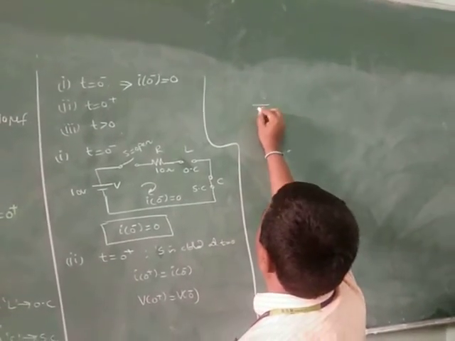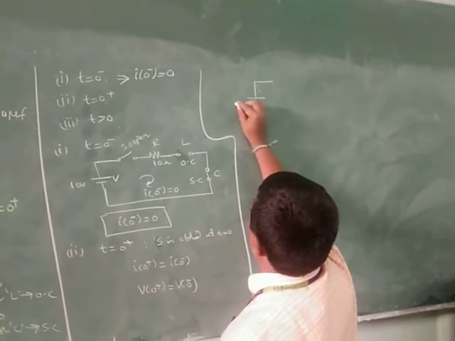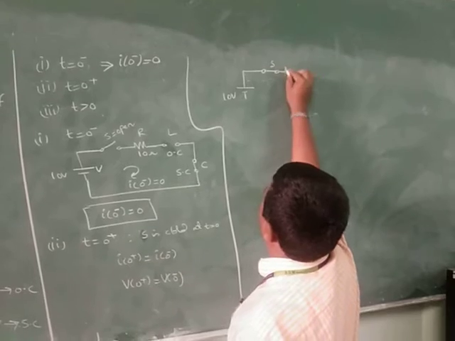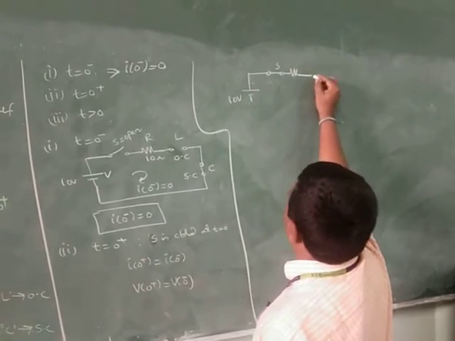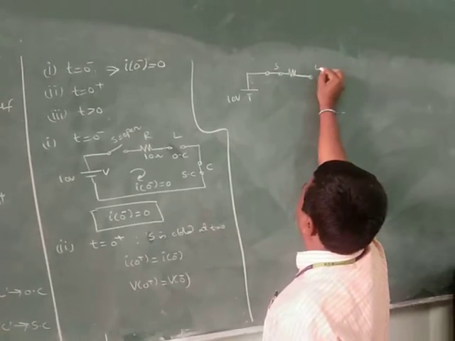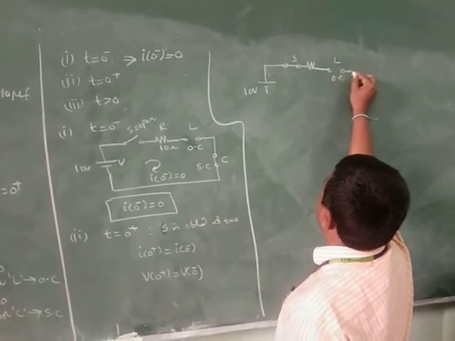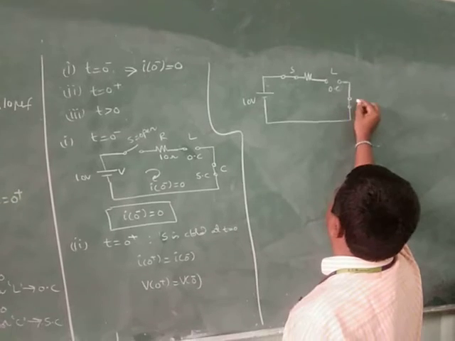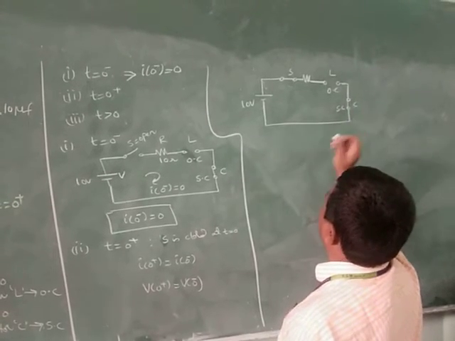Now the circuit is a 10 volt source, S is closed, and a resistor, and again the inductor acts as an open circuit and the capacitor acts as a short circuit.